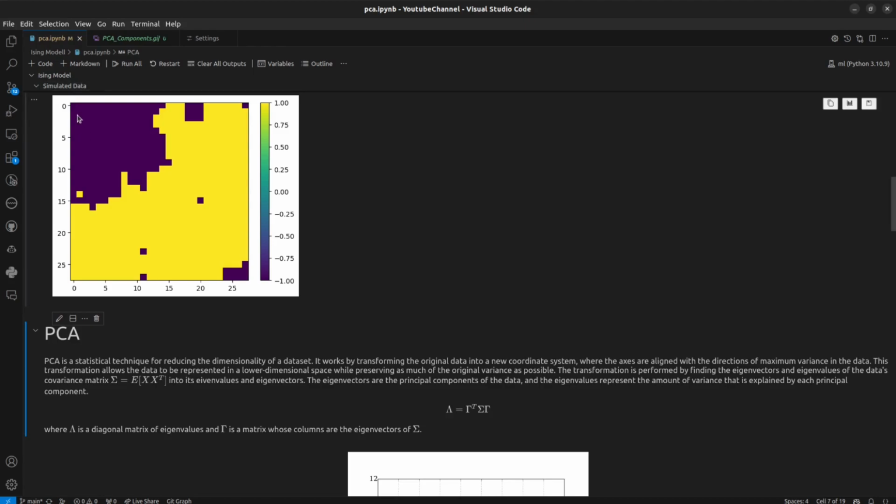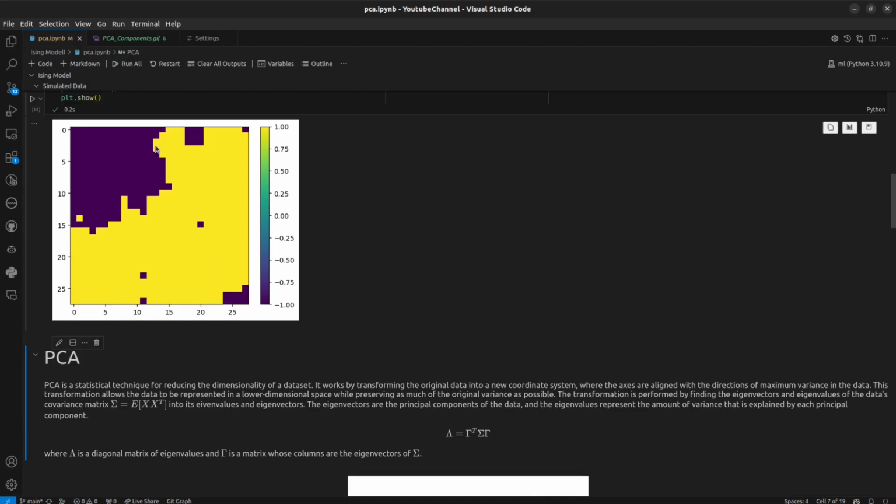So we are going to find a transformation into another basis where the first new basis vector is along the direction of the most variance in this system, and hopefully that will correspond to the order parameter.